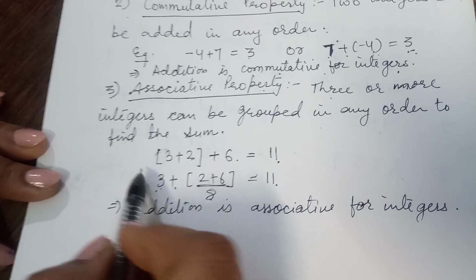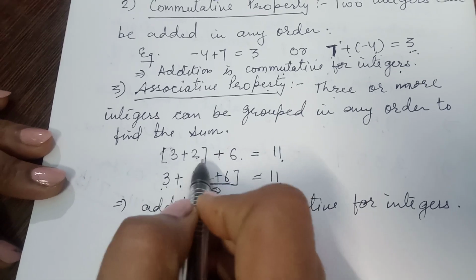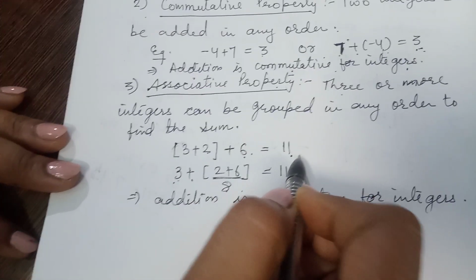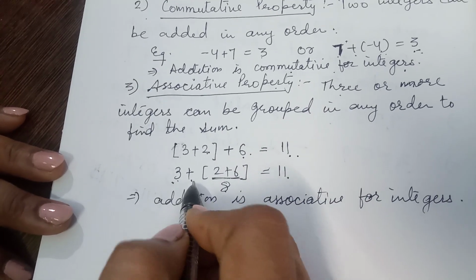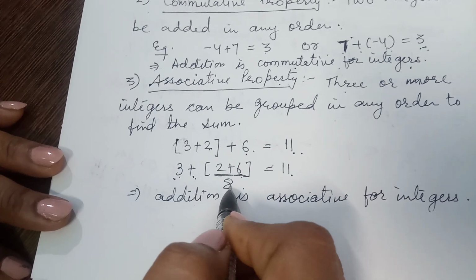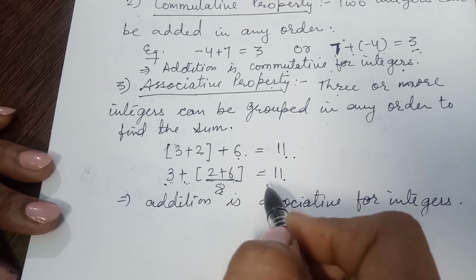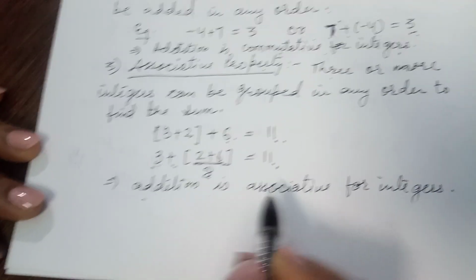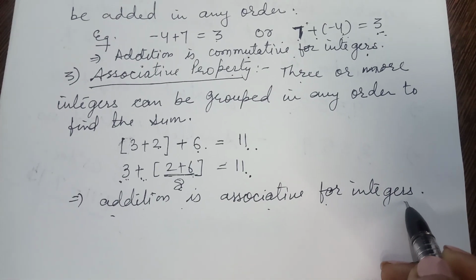It means in the first case we are adding first 3 plus 2 and then 6 and the result is 11. In the second case, we are adding 2 with 6 which is 8, 3 plus 8, it also gives 11. It means addition is also associative for integers.